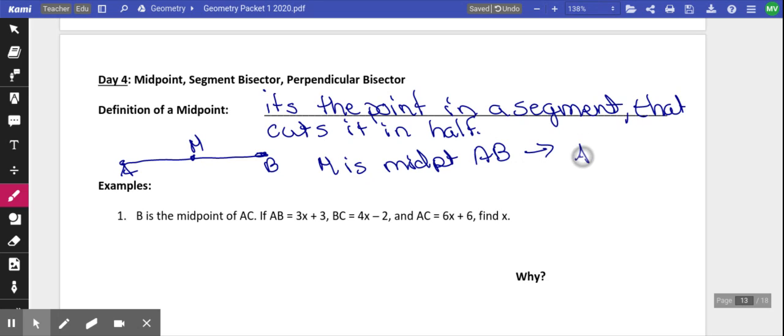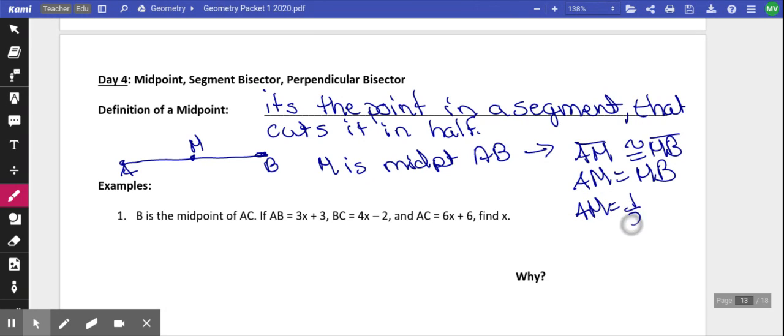So AM is congruent to MB, which also means AM is equal to MB. Also, AM equals half of AB, and MB equals half of AB.